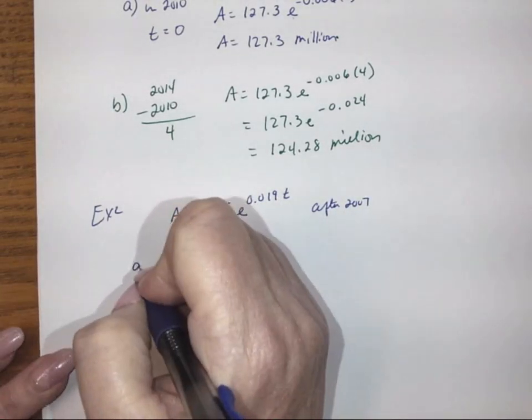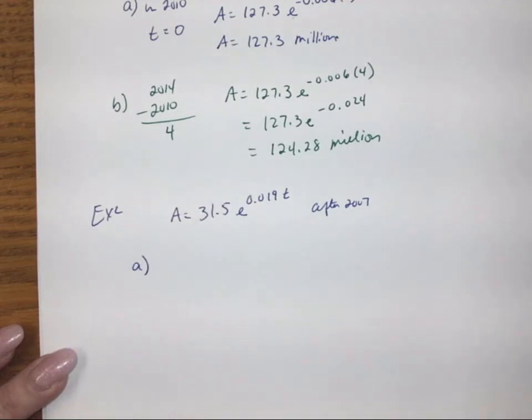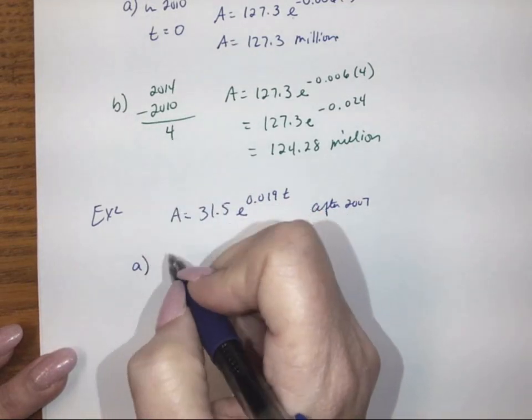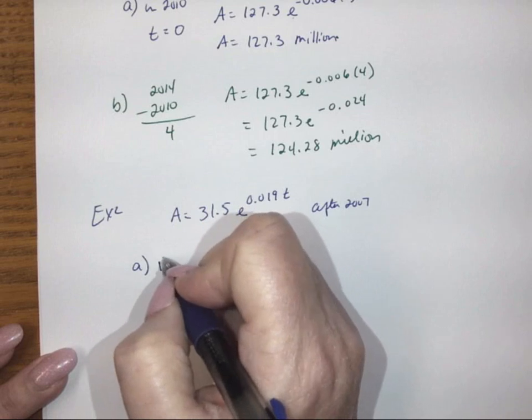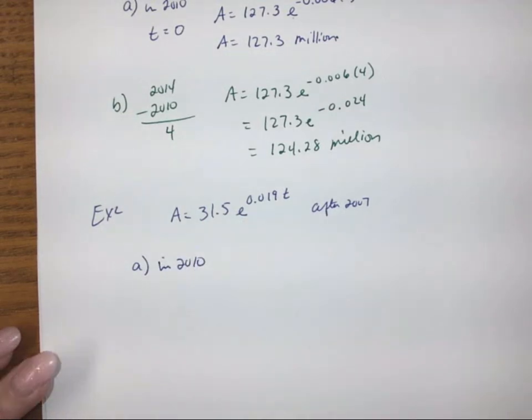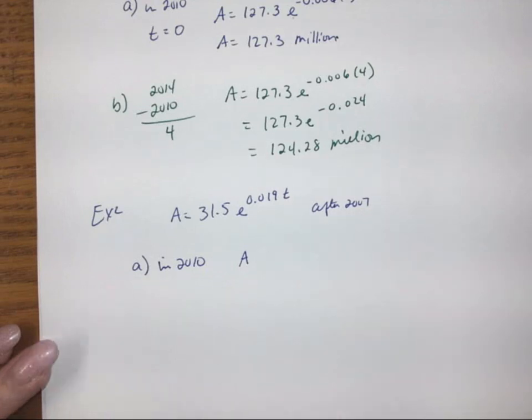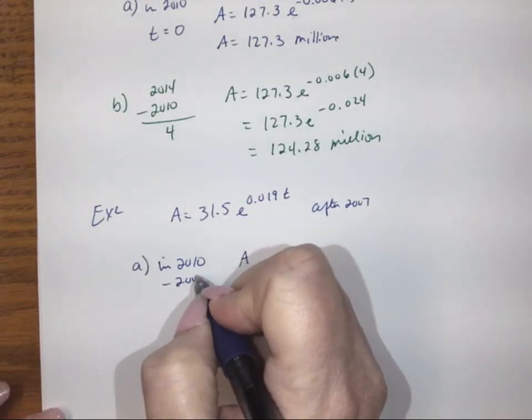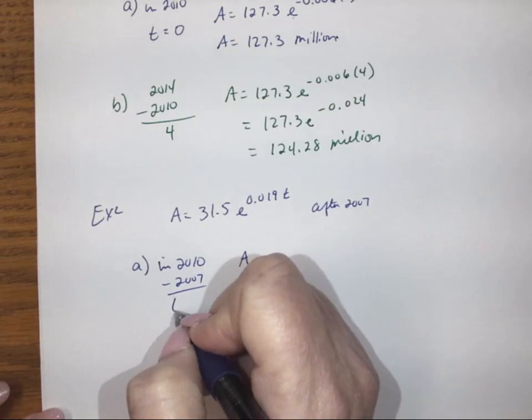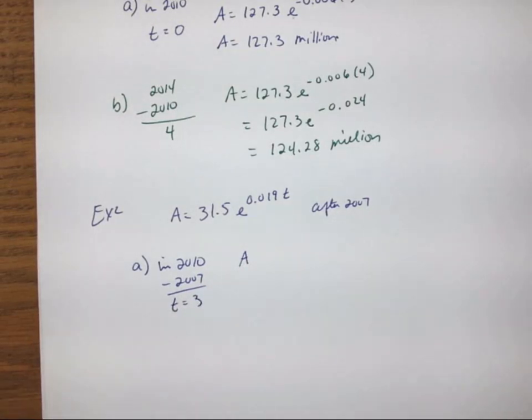For part A, we are looking at 2010. What is our t? Well, we have to subtract 2007 and get that our t is going to be equal to 3.